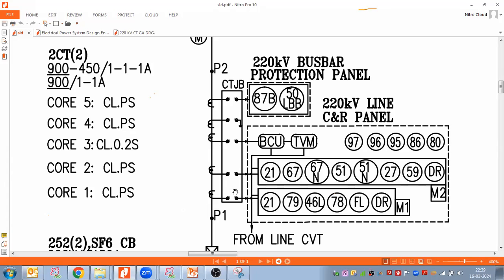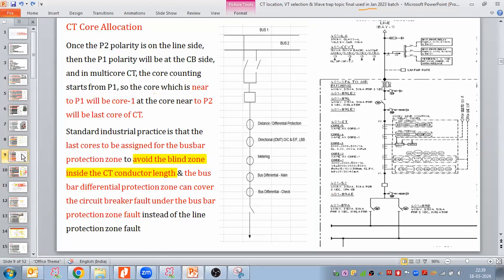And when it comes to line protection, we take S1 from the CT and make a star point of S2. So our distance protection and directional and non-directional overcurrent protection should look towards that side. Yes, the line side. I hope I'm clear with this.